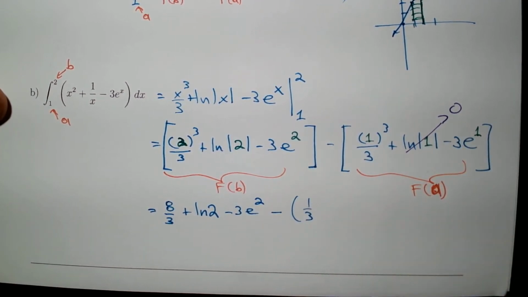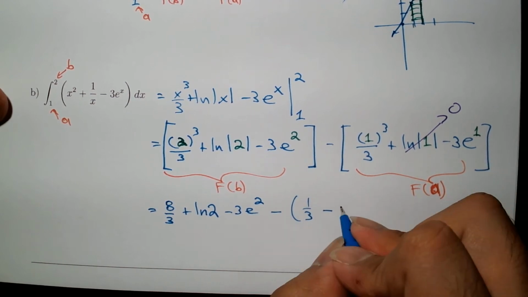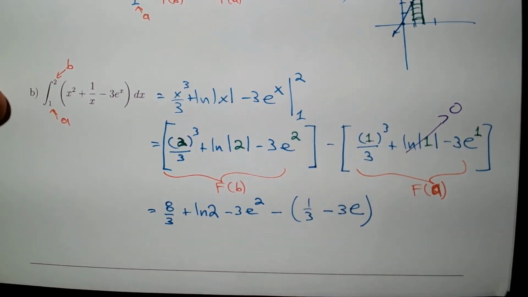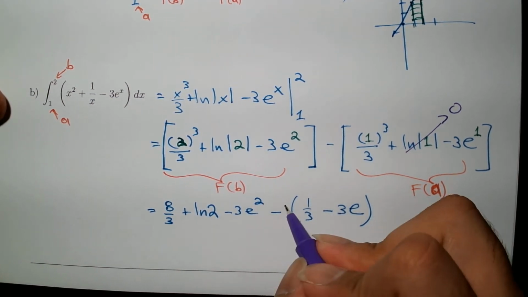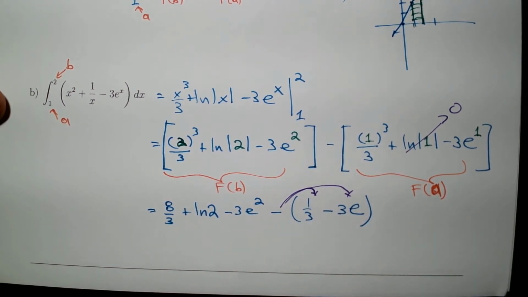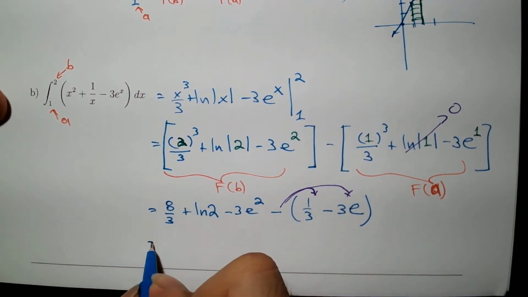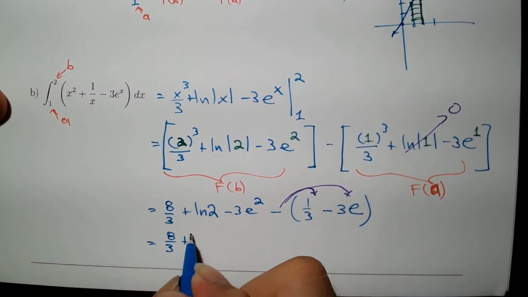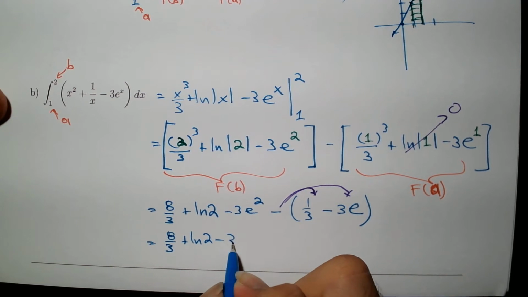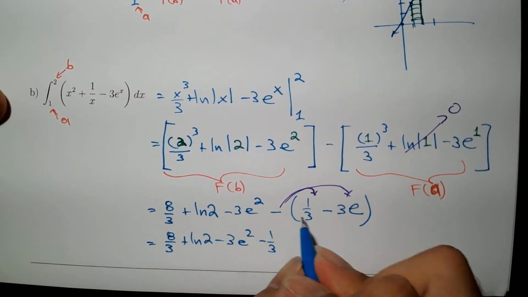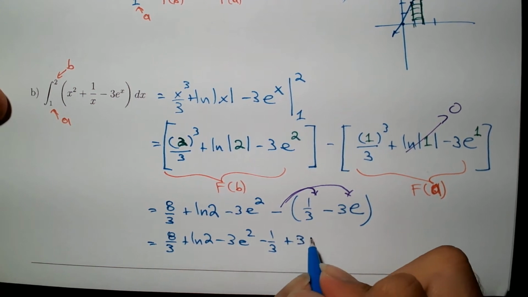And plus 0, I don't need to write that one, minus 3e to the first, simply e. So here you might want to distribute the negative to both of these two terms. Okay, so that's going to give us 8 thirds plus ln of 2 minus 3e squared minus 1/3 plus 3e.